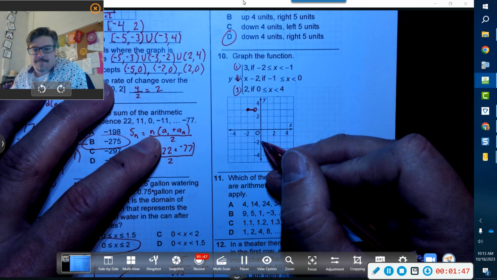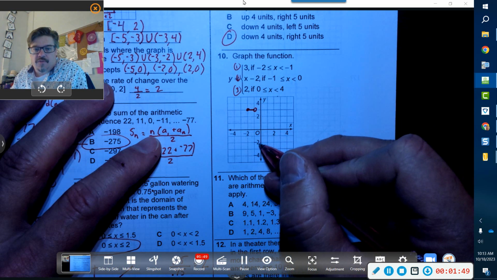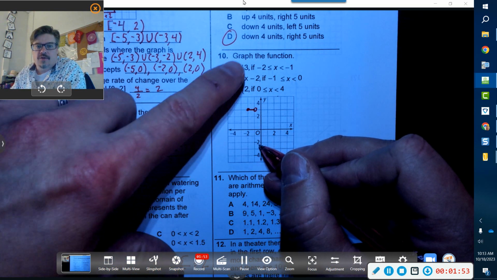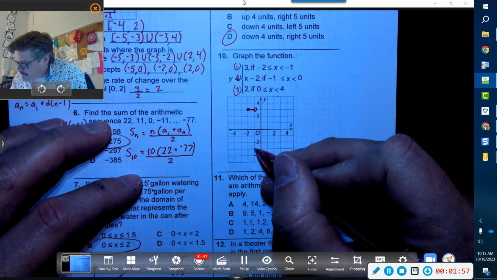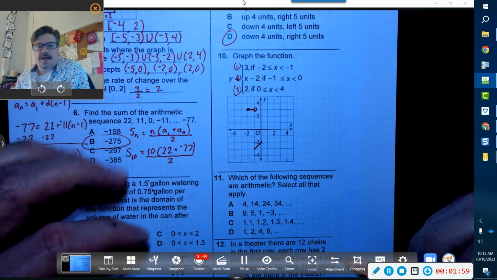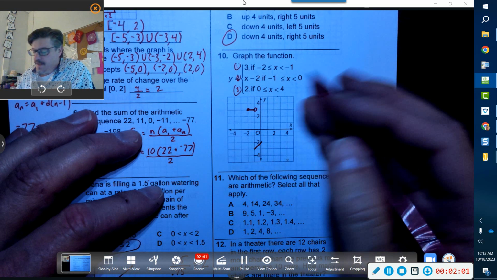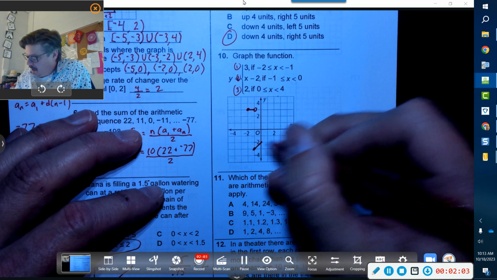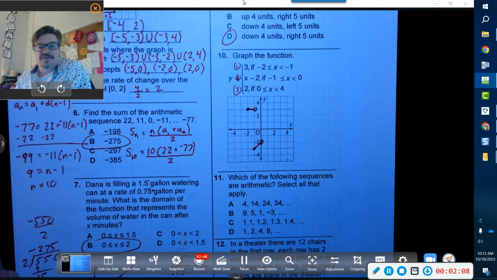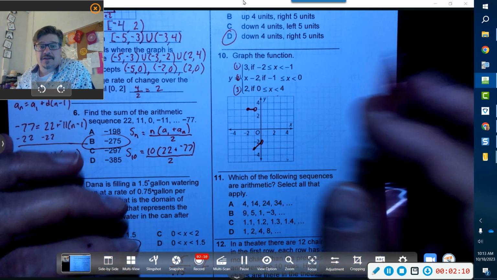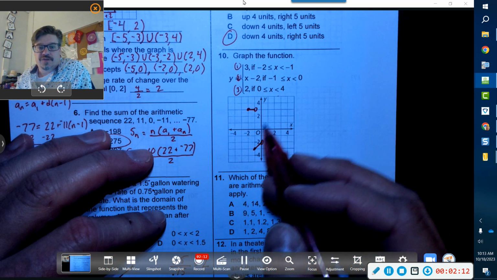But if I do draw it all the way through, make sure that you erase everything you draw except the piece that goes from -1 to 0, and that would be this piece right here. Now I'm allowed to equal -1 here, and I'm not allowed to equal 0, so I will have an open circle there.